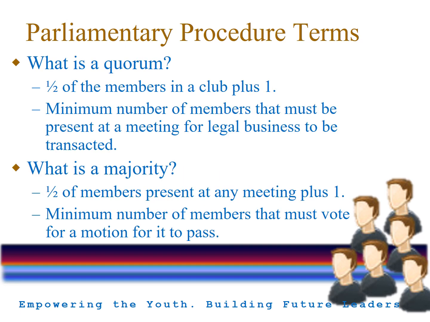The third one, of course, what is a quorum? Quorum is half of the members in a club or in a group or in an organization plus one. This means the minimum number of members that must be present at a meeting for legal business to be transacted.